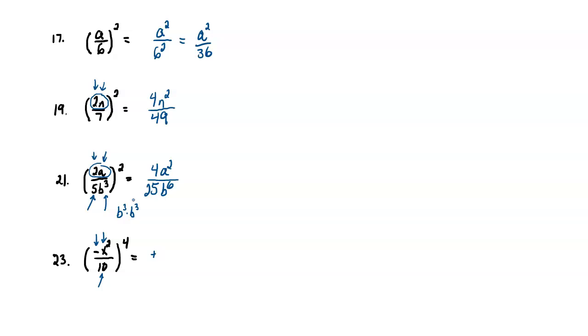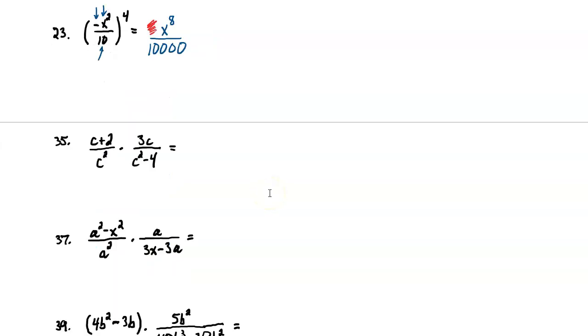X to the second power raised to the 4th power is x to the 8th power. Down in the bottom, we get 10 to the 4th power. 10 to the 4th power is 10,000. Again, if you don't know what that is, use a calculator and type it in. Now, it's not normal to write a positive sign in front of anything, and so you really wouldn't put that positive sign in front.